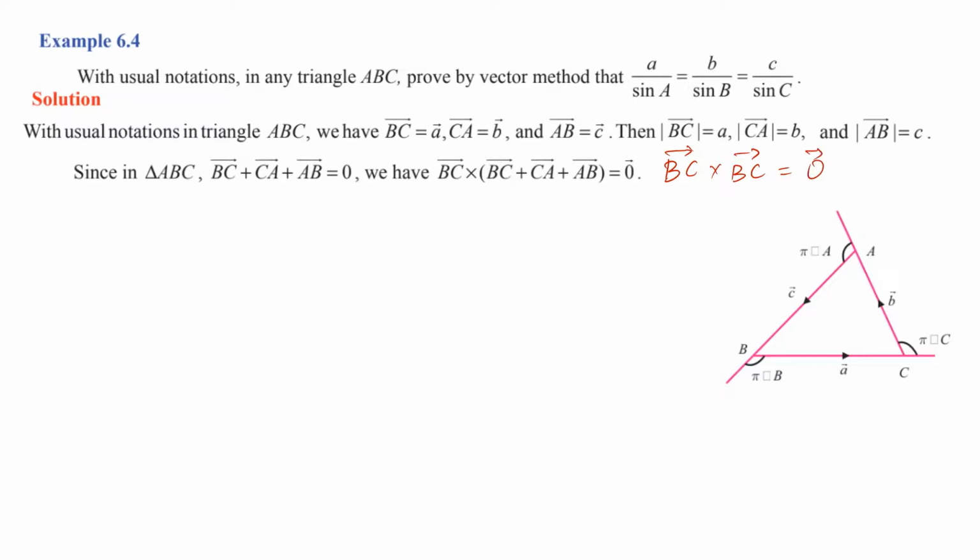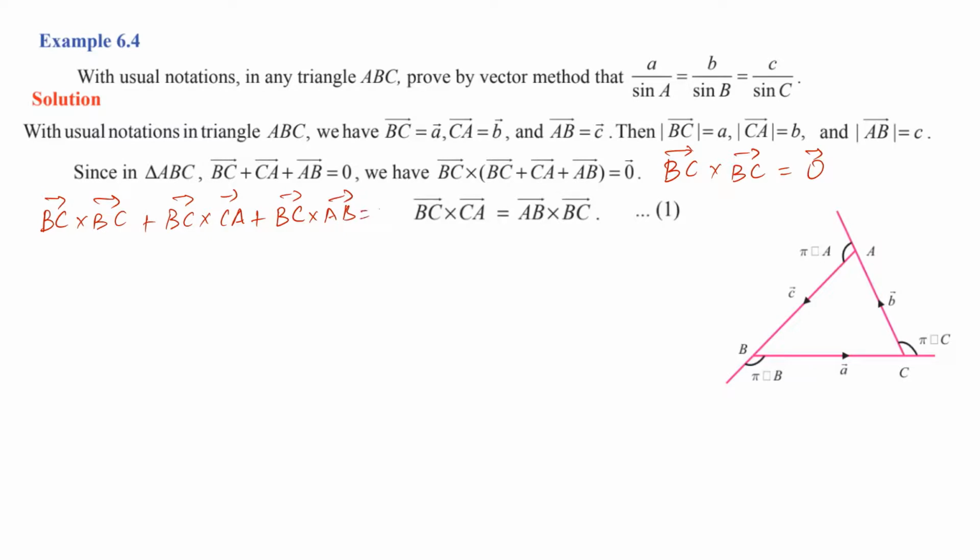So you're going to be left here with BC cross CA equal to AB cross BC. I can explain it further for you. So this will be BC vector cross BC vector plus BC vector cross CA vector plus BC vector cross AB vector is equal to 0 vector.